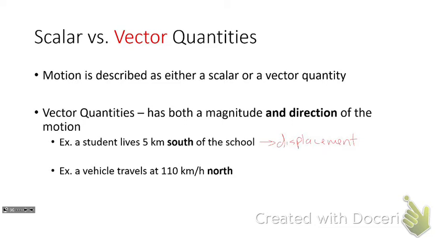In our second example, a vehicle travels at 110 kilometers per hour north. We have our magnitude and our direction, so this is going to be velocity.